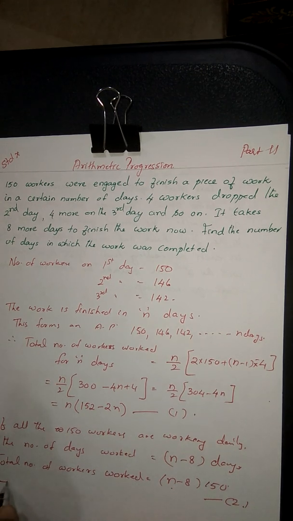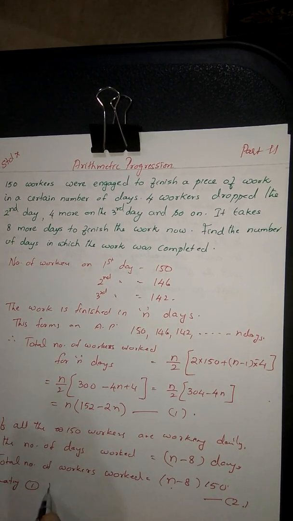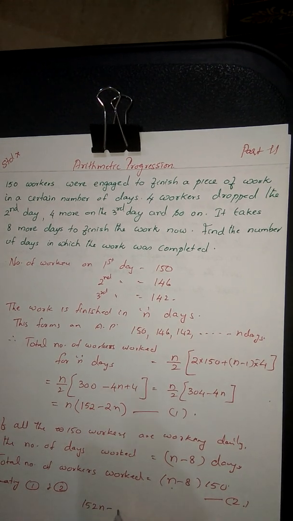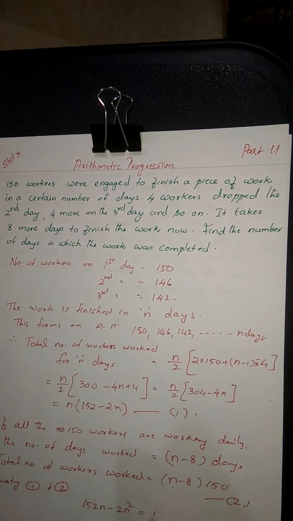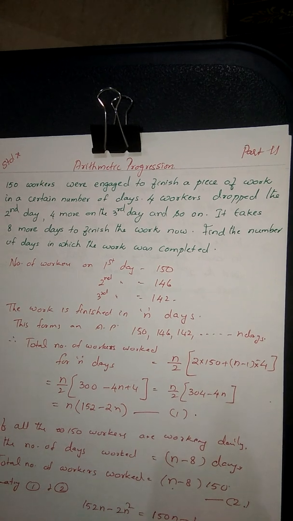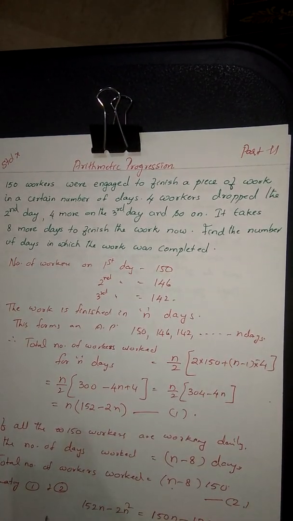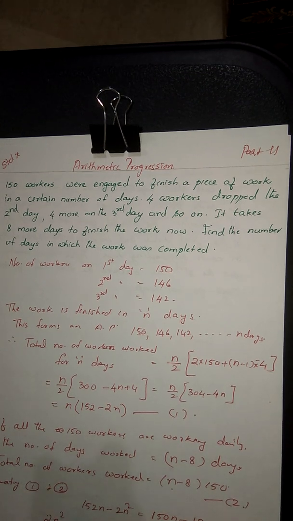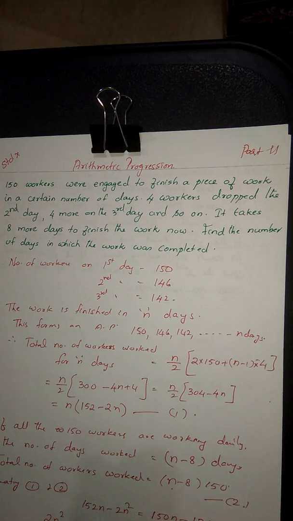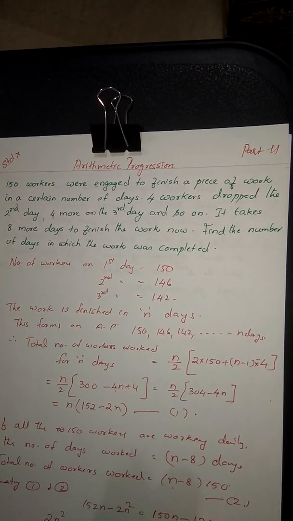So equating 1 and 2, you get 152n minus 2n squared is equal to 150 into n minus 8. So you get 2n squared minus 2n minus 1200 is equal to 0.